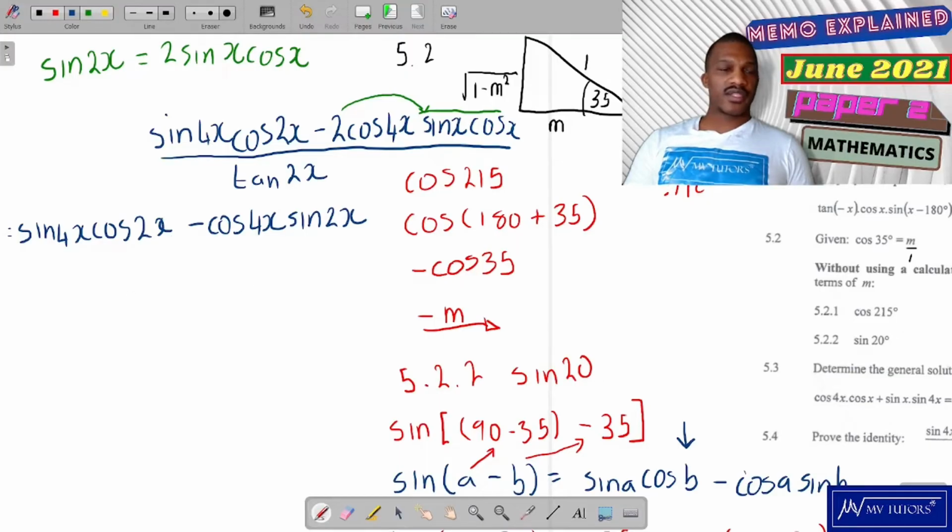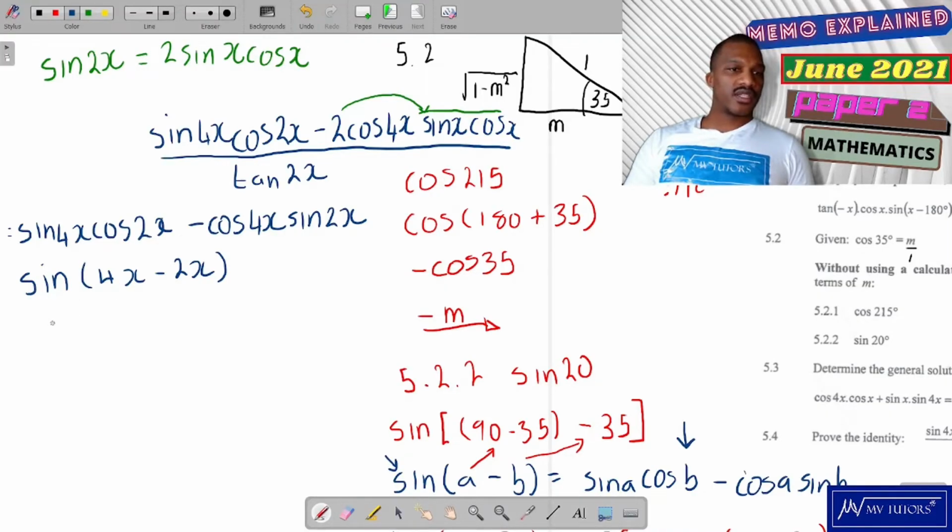So I can rewrite this then as sine of 4x minus 2x. Okay, I just rewrote it because the formula sheet gives me this thing over here.